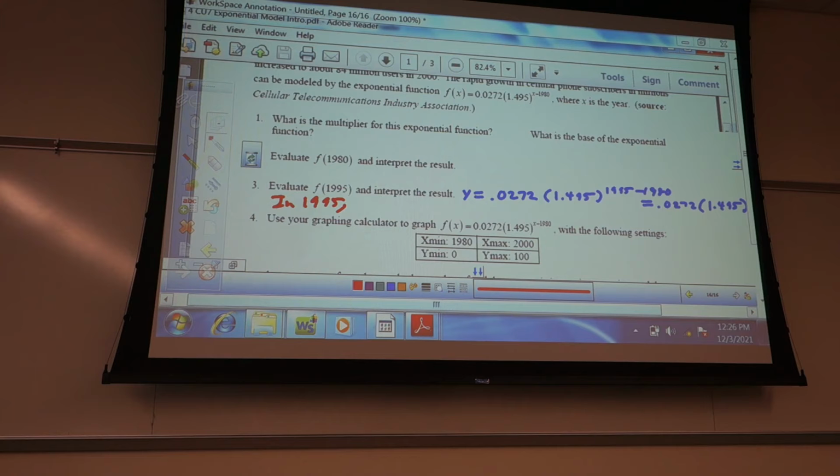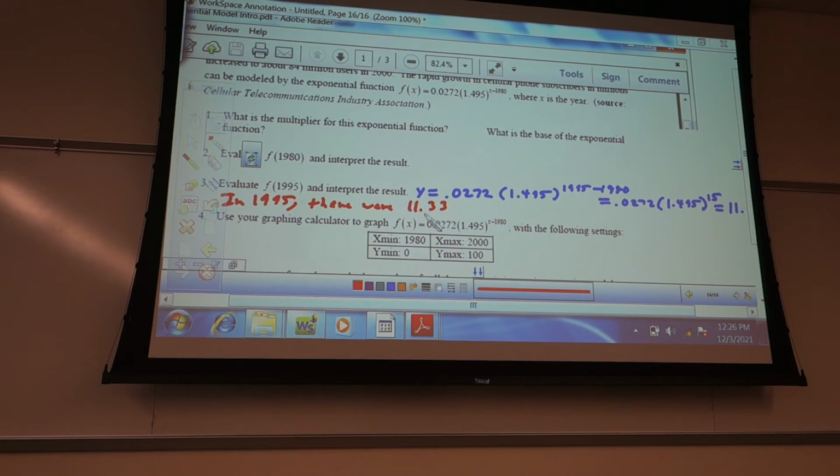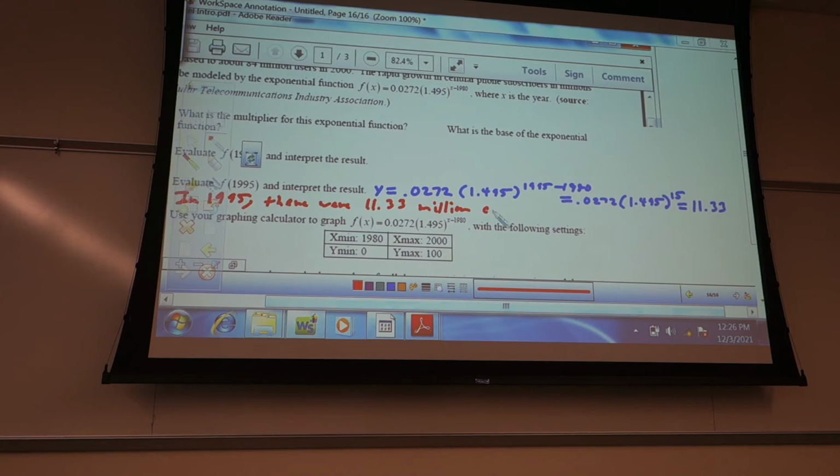In 1995, there were 11.33 million cell phone users. I'm just going to put 11.33 million because I'm lazy. Yeah, million cell phone users.